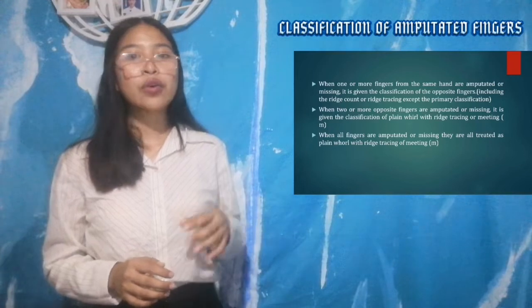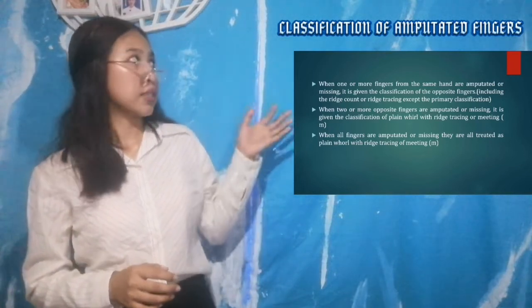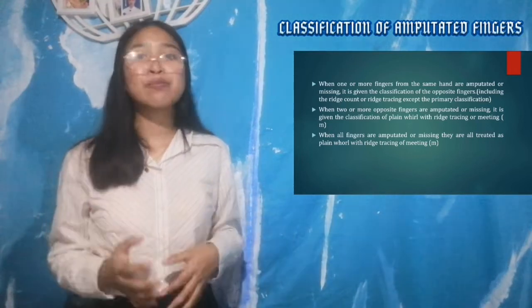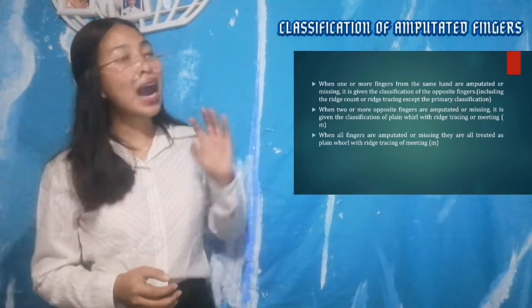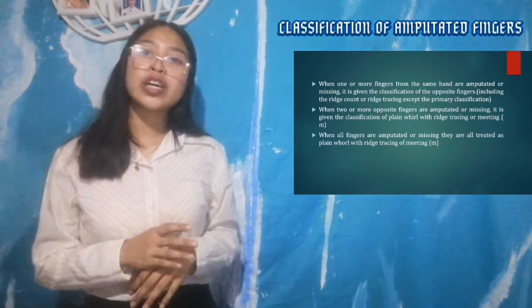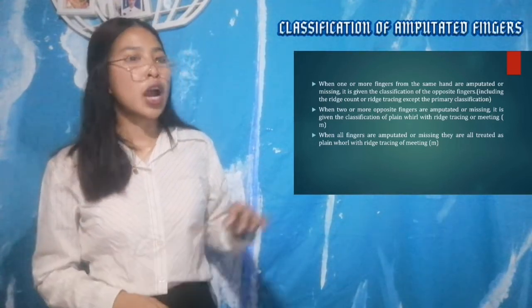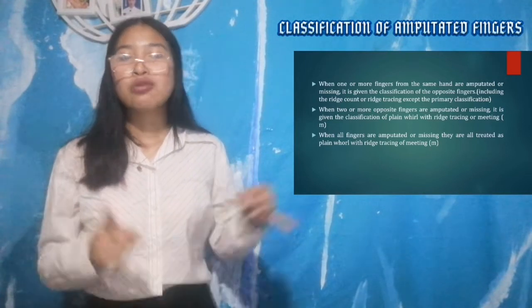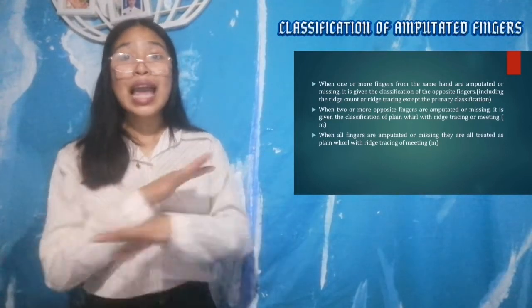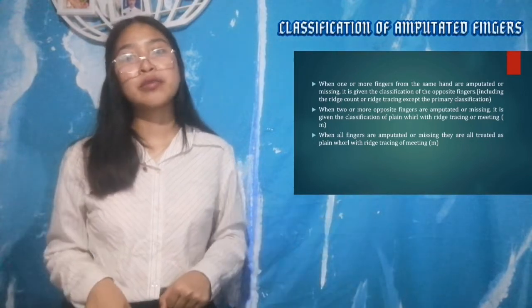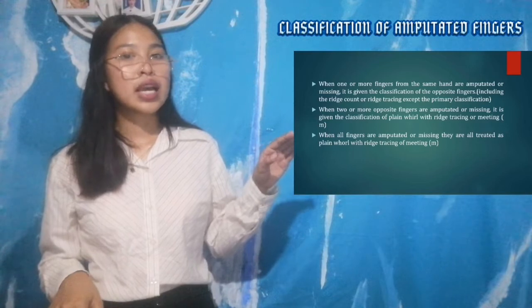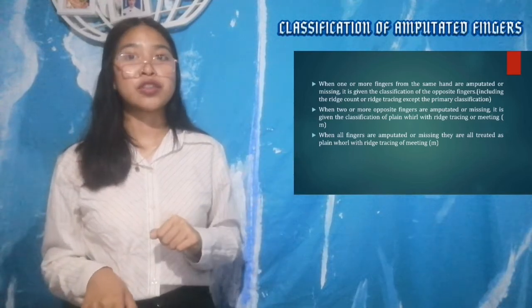This is how it is. First, when there are one or more missing fingers from the same hand, the classification of the opposite fingers will be taken, including the ridge count and ridge tracing, except the primary classification, but it still remains the same numerical values.